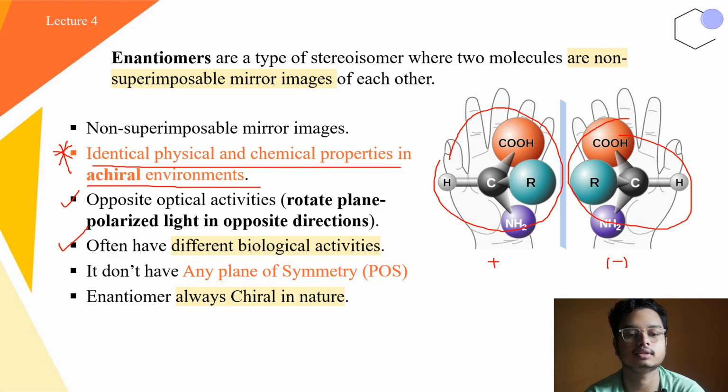They often have different biological activities. Why is it so? We already discussed that enantiomers have identical physical and chemical properties in an achiral environment, but our body contains mostly chiral molecules. So when they interact with those chiral compounds, they often show different biological activities.